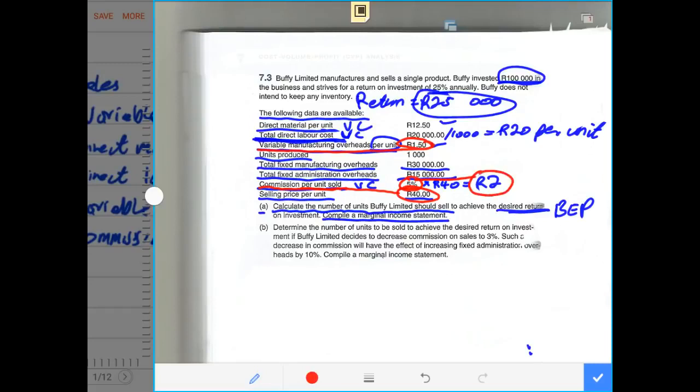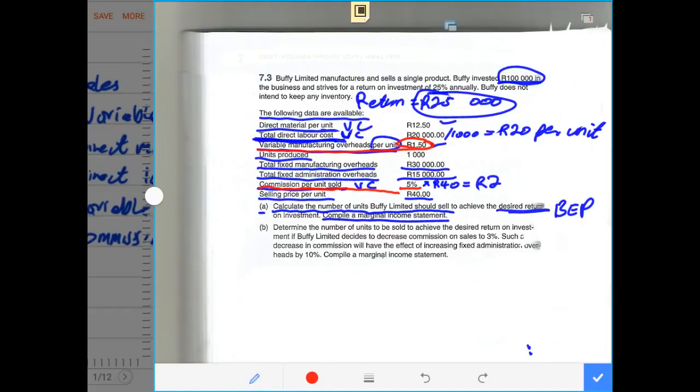As I said previously, a salesperson will get 5% for every item sold for 40 rand, and that 5% will be 2 rand as a commission, which will be part and parcel of his salary. So we record commission, meaning commission will vary with the number of units sold.